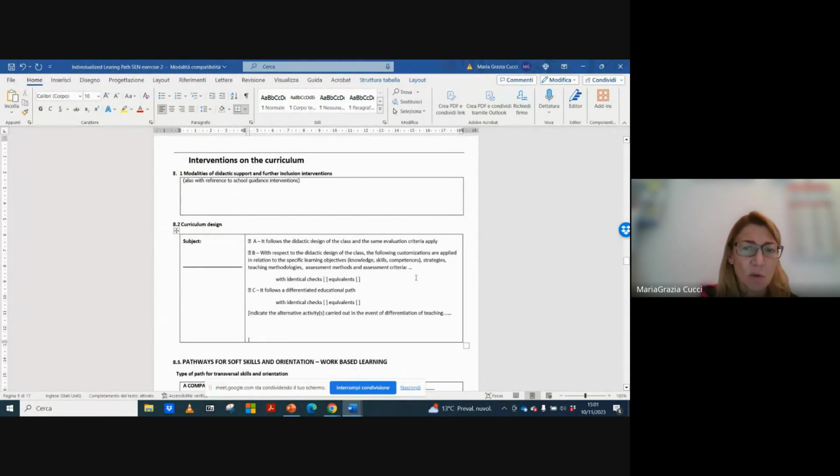For instance, if we have a student that has not the same speed of reading. We know that all the students read, for instance, 10 pages in 1 hour, while he reads 5 pages in 1 hour.